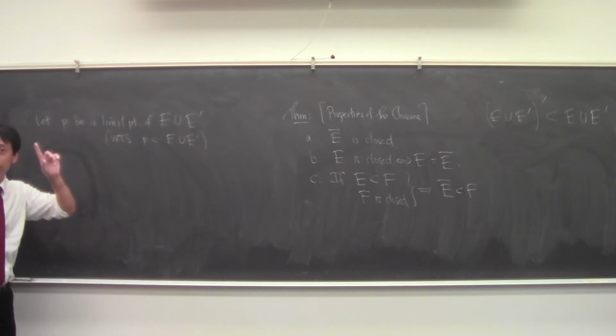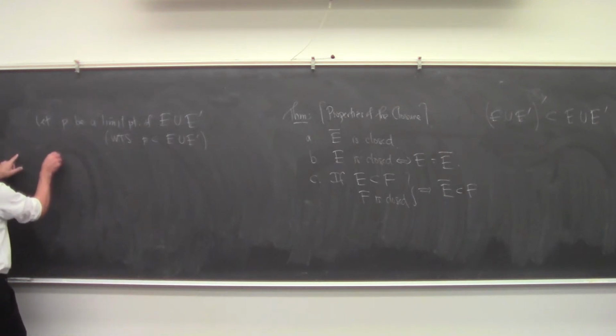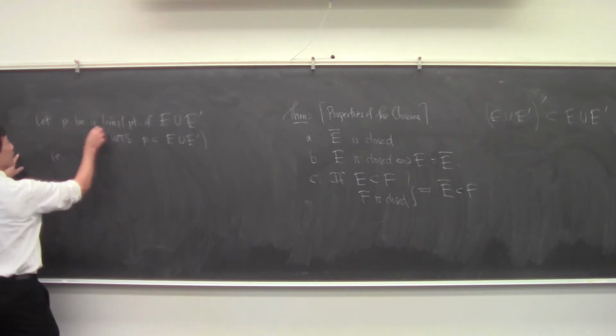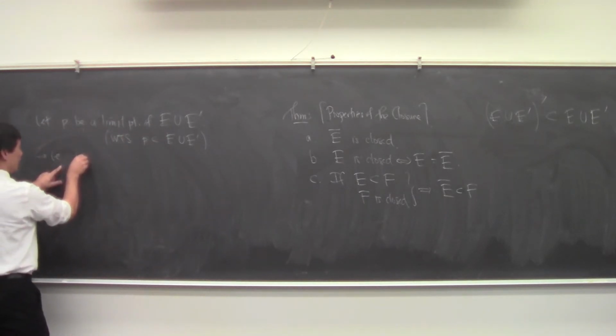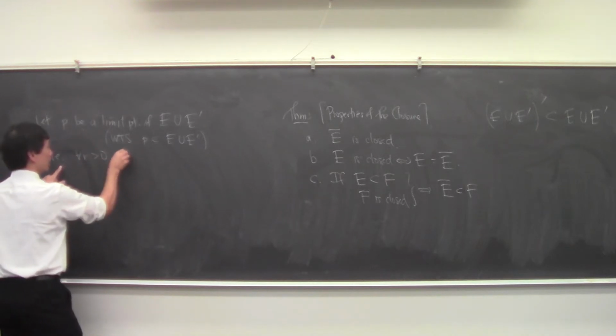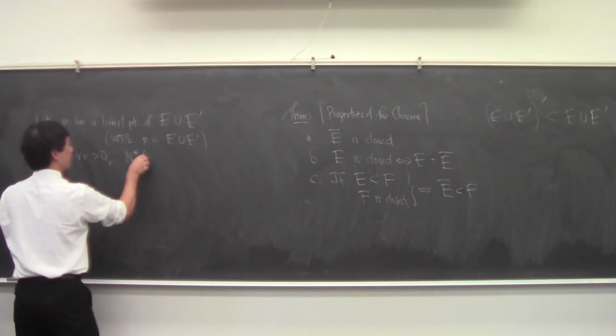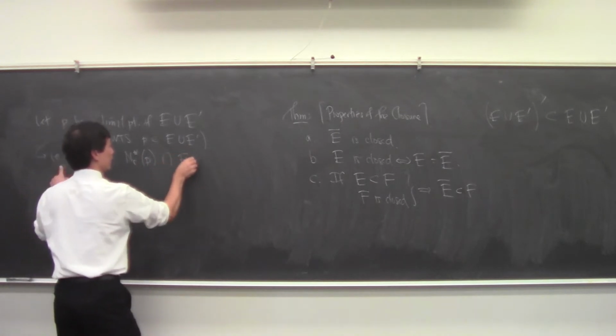What does that mean? That means that, in other words, given any radius, the punctured neighborhood of P actually intersects E union E prime.